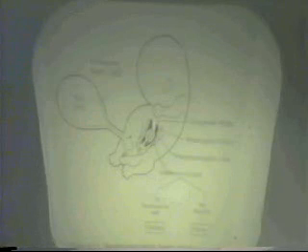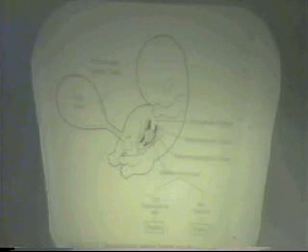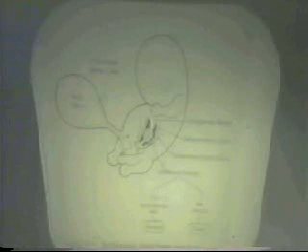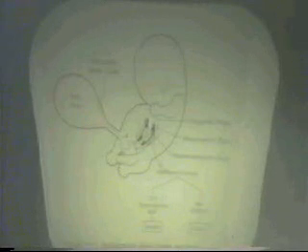Which gonad it becomes is going to be determined based upon certain factors that are synthesized by the embryo. If it's a male, if this embryo has a Y chromosome, then a factor known as testes determining factor is secreted by the embryo, and that will cause this gonad to become a testis. In the absence of that Y chromosome, and therefore in the absence of that factor, this gonad will become an ovary. So you don't need any factor to become an ovary.